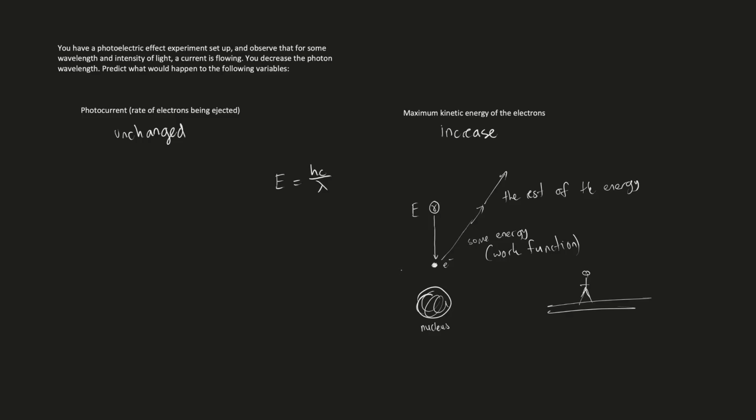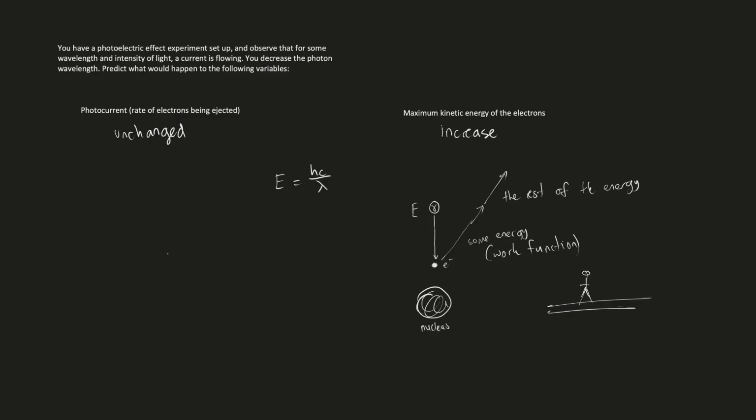But the less photons we have, the less electrons that they can actually interact with. But if we keep the amount of photons the same, and remember that's linked to the intensity, so in this case we're keeping the intensity the same, you haven't been told that actually changed, only the wavelength changed, then we're not changing the number of photons coming in, which means we're not changing the number of electrons being struck by photons and ejected.